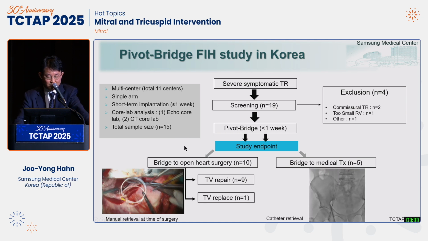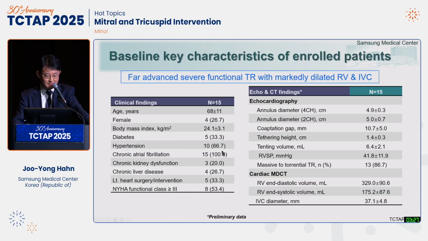We had the echo and CT follow-up. The mean age was 68, and chronic atrial fibrillation was found in all patients, and comorbidities were found in a substantial number of patients.